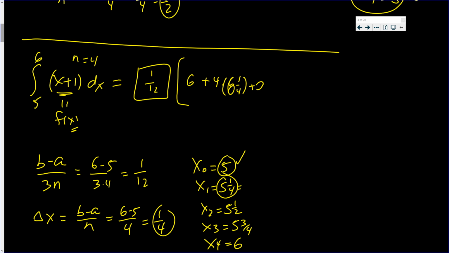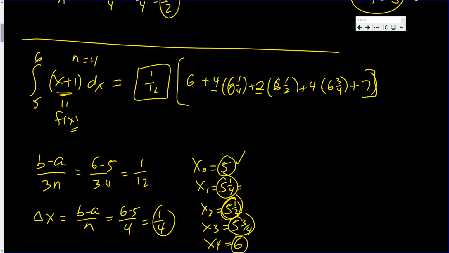And then plus 2 times, I add 1 to 6 1/2, plus 4 times, I add 1 to that, which is 6 3/4. And then I'm at the last one, so I just add 1 to that. Okay, 1, 4, 2, 4, 1. The first one you don't have to write, but it's just 1. So the rest is elementary school addition.